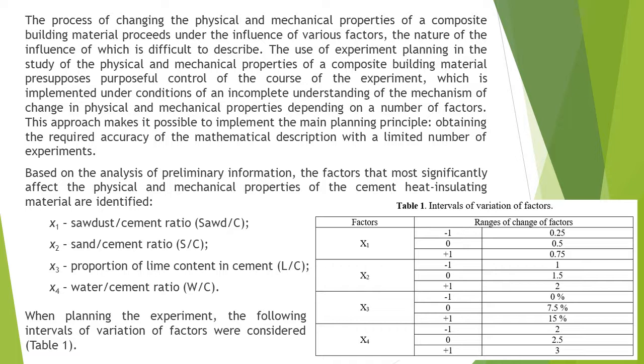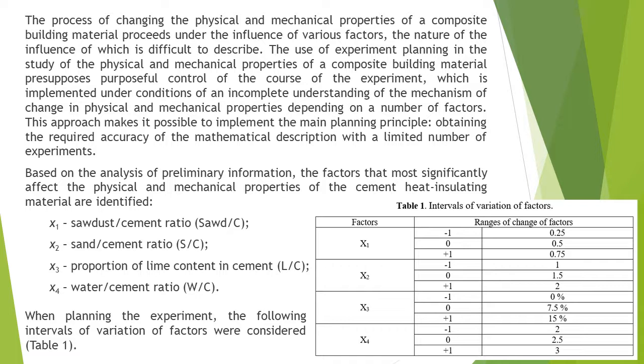The use of experiment planning in the study of the physical and mechanical properties of a composite building material presupposes purposeful control of the course of the experiment, which is implemented under conditions of an incomplete understanding of the mechanism of change in physical and mechanical properties depending on a number of factors. This approach makes it possible to implement the main planning principle, obtaining the required accuracy of the mathematical description with a limited number of experiments.